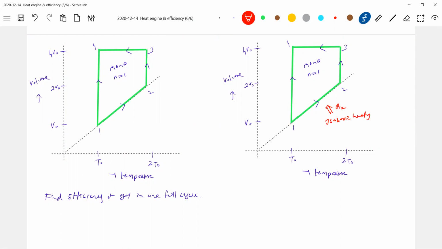What about 2, 3? 2, 3 is an isothermal process. So it is isothermal heating, and here heat is absorbed.